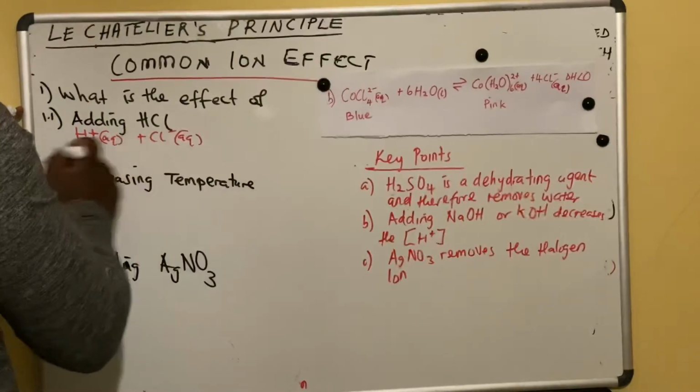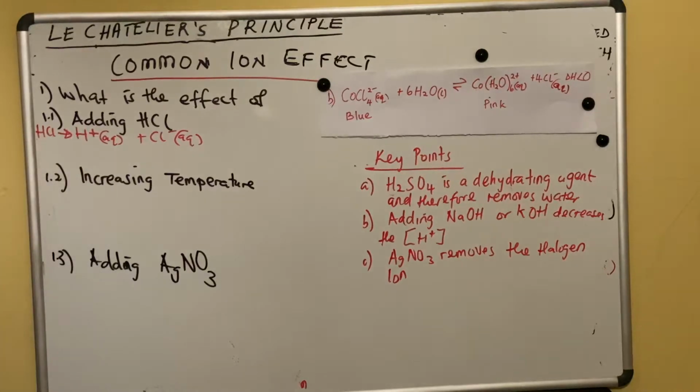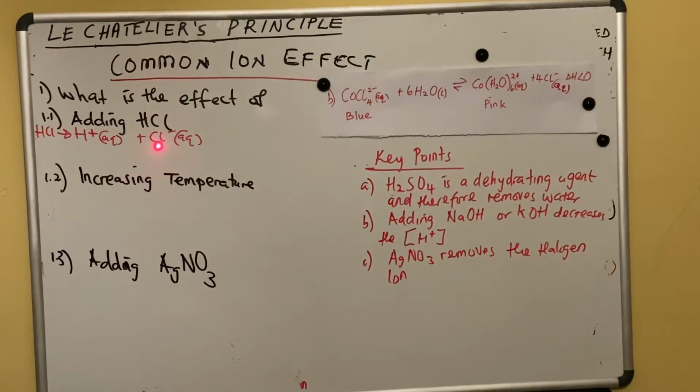We know this. So we know that our hydrochloric acid in the solution is going to produce these two ions. It is going to produce hydrogen ions and chloride ions. Are we together there?